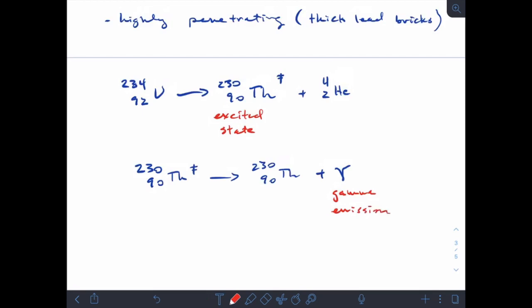Okay, so gamma emission is common to accompany other types of radiation. So you don't always just have alpha emission all by itself, or beta emission all by itself, or electron capture all by itself. Usually those changes result in an excited state of the nucleus and then followed by an emission of the gamma ray as that excited state relaxes back down.